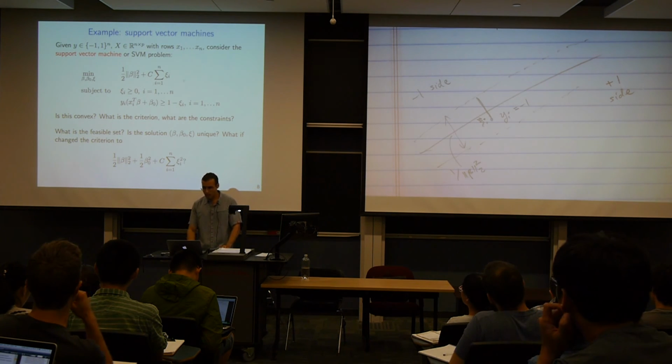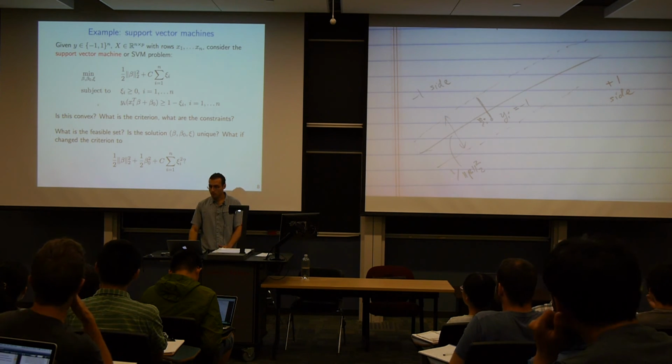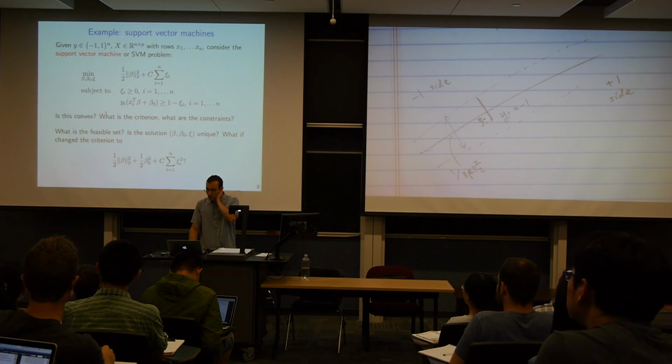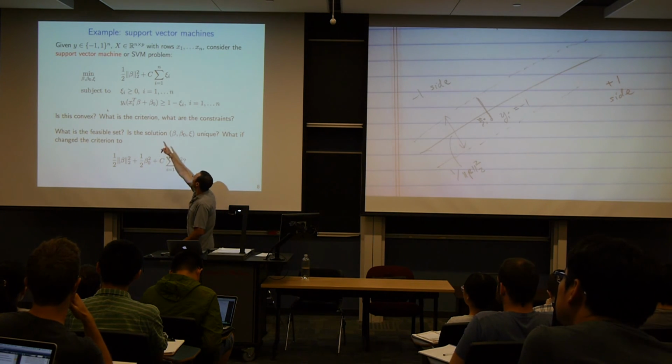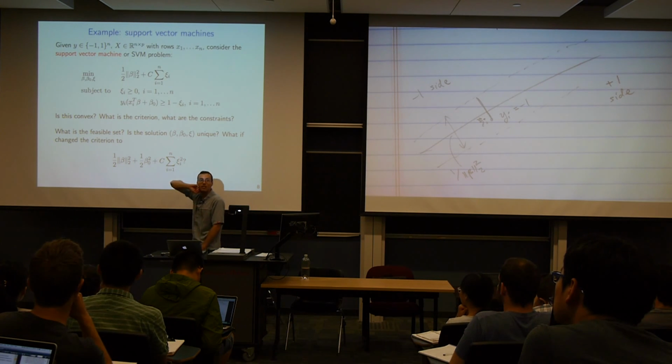The criterion is this guy. The constraints are all of these. So now we actually have, in a sense, less succinct constraints than we did for the lasso. The feasible set is the set of all points that have non-negative slack and that satisfy this half space inequality.